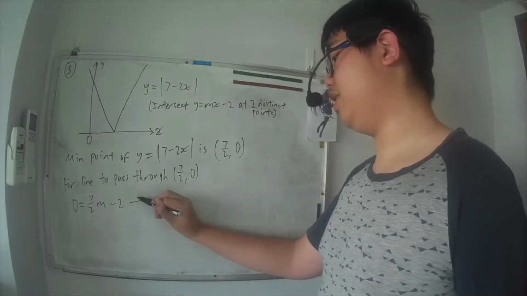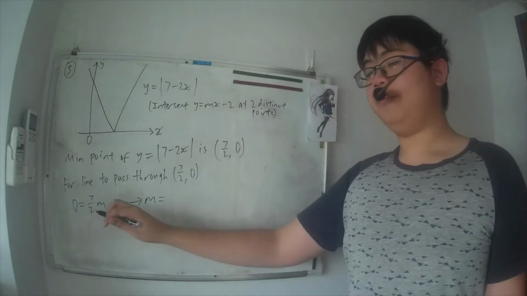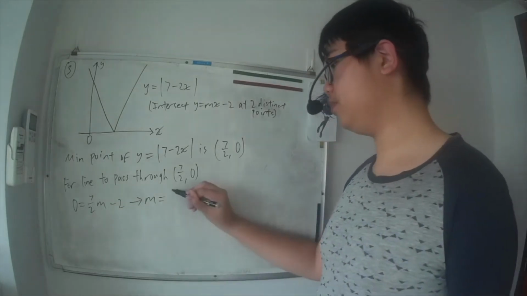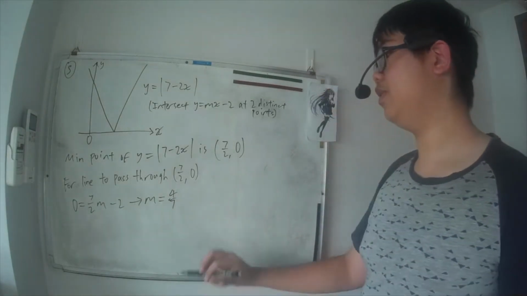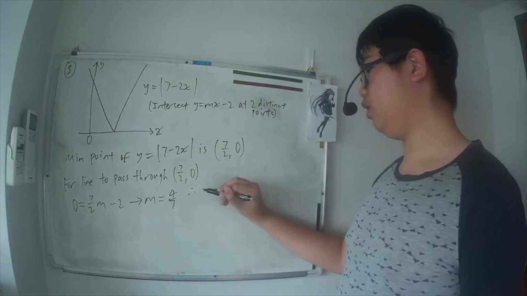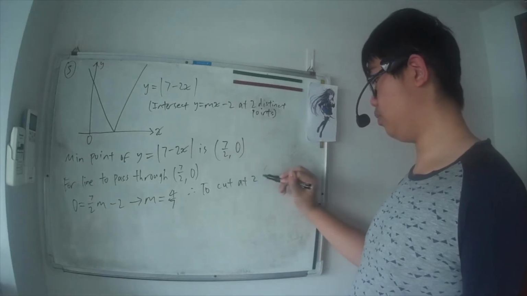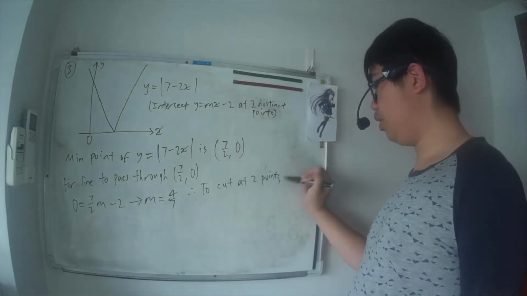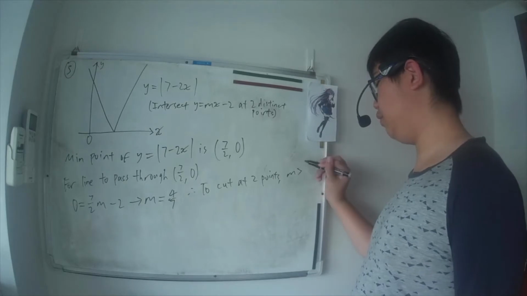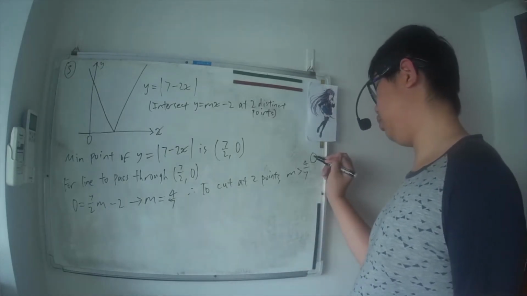And then what is m equal to? m is equal to 4/7, right? So therefore, to cut at 2 points, m must be greater than 4/7. So this is your 1.